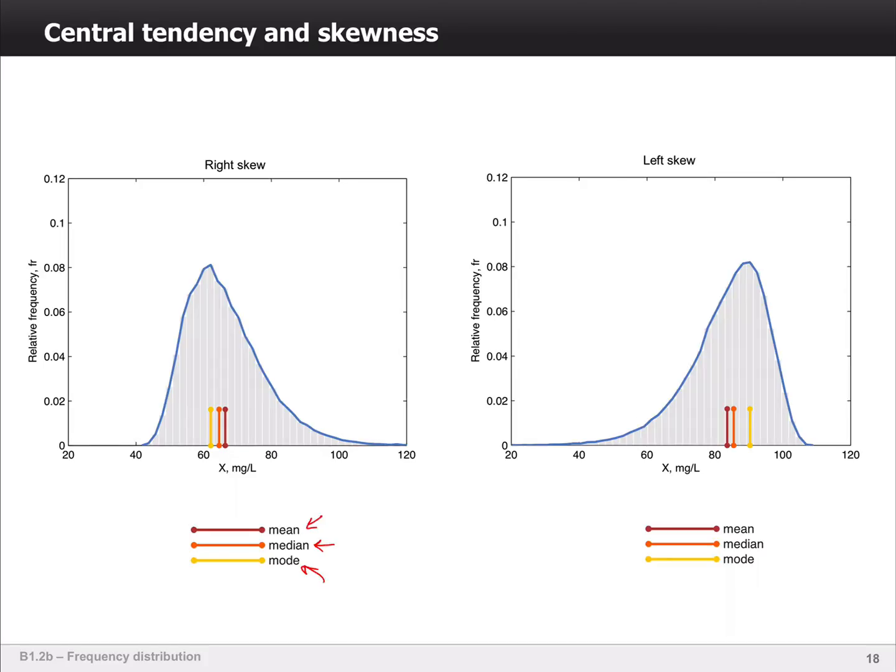So if you look at this plot, if the distribution is symmetric, all 3 statistics will be the same. If you have an ideally symmetric distribution like the normal distribution, mean, median, and mode will be the same, okay? But if you have a skewed distribution, it changes the balance between the 3 statistics.